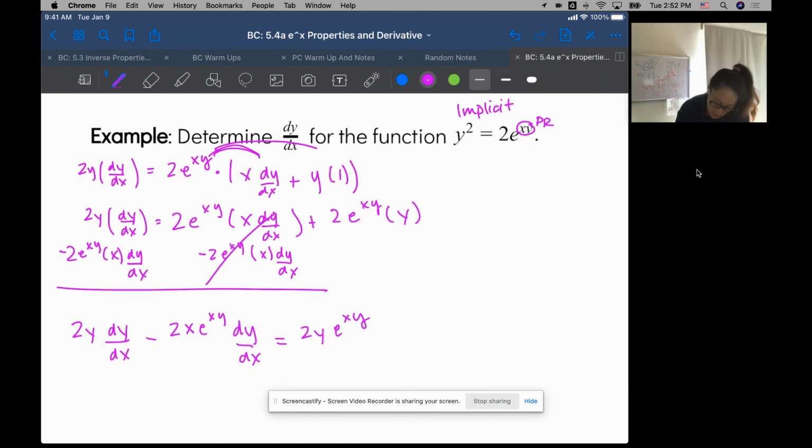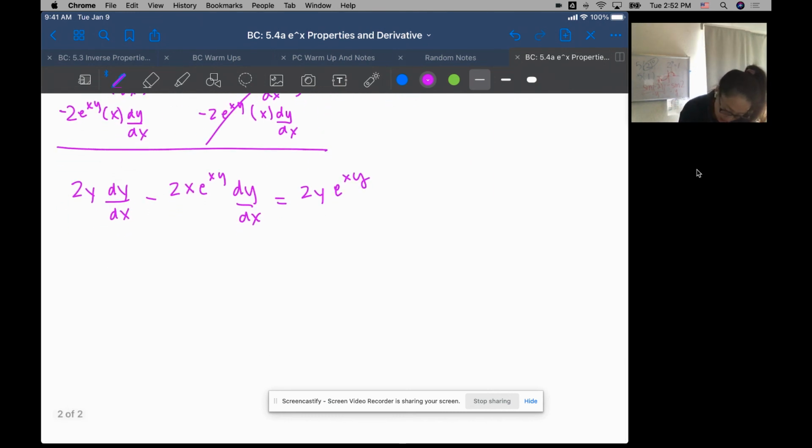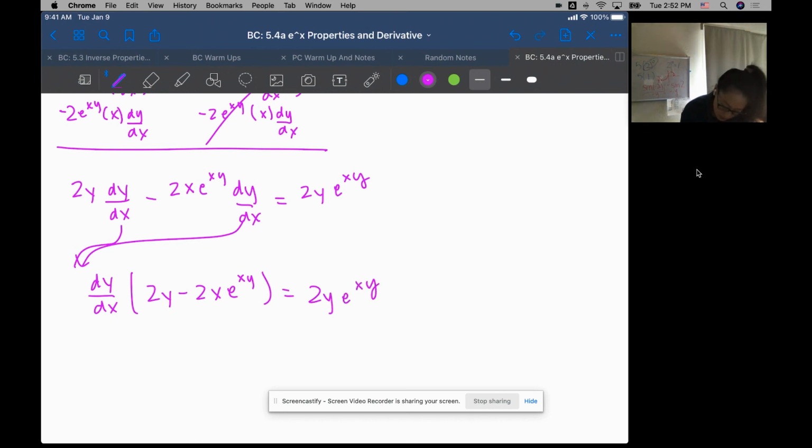Yeah, I like that. Okay, let's factor out a dy dx. So dy dx times 2y minus 2x e to the xy is equal to 2y e to the xy. We're almost there. Then divide both sides by 2y minus 2x e to the xy.